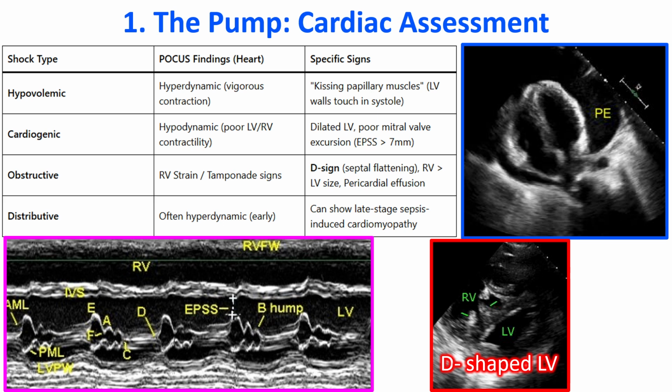Increased pressure in the RV causes that. Pericardial effusion also can be seen. In distributive shock, which is often hyperdynamic, it can have late stage sepsis-induced cardiomyopathy as well.